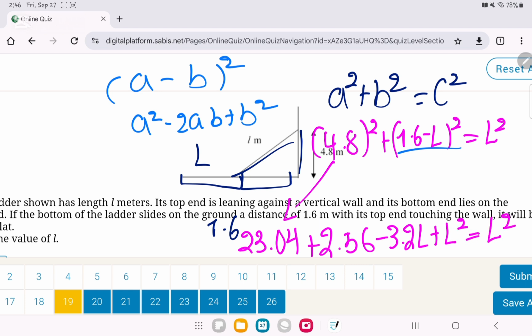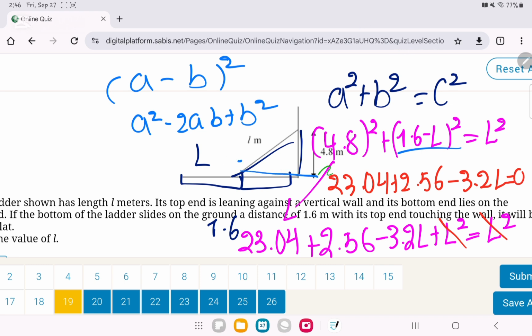By looking, you can cancel the L squared and the L squared, and so now you're left with 23.04 plus 2.56 minus 3.2L is equal to 0. Let's move the one with a variable to a side by itself. So now we have 23.04 plus 2.56 is equal to 3.2L.